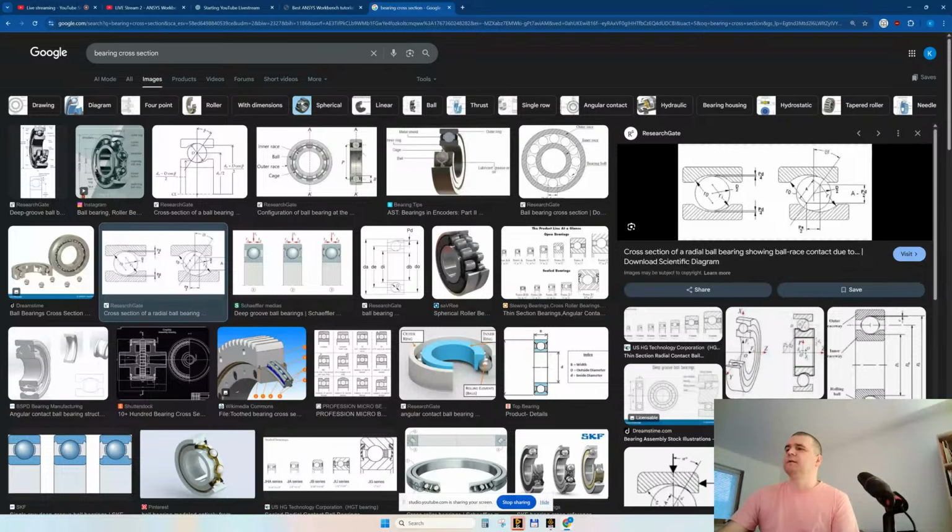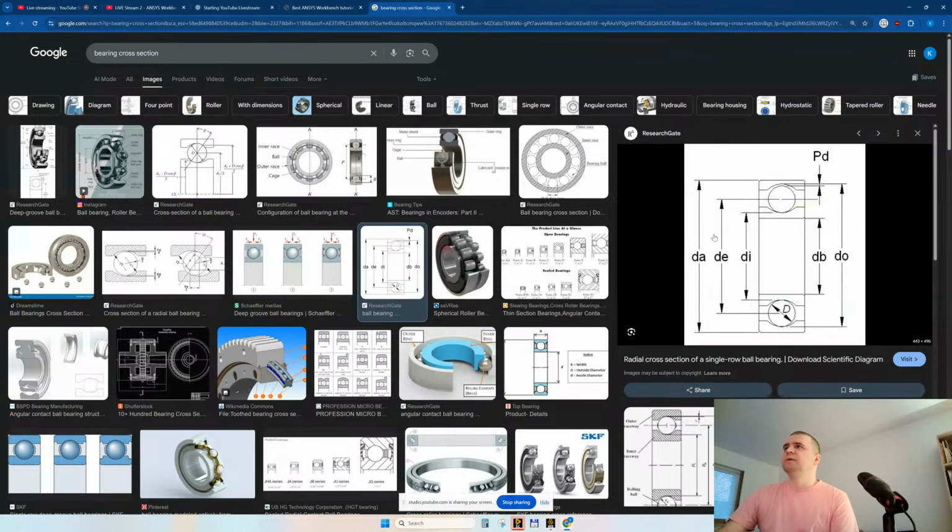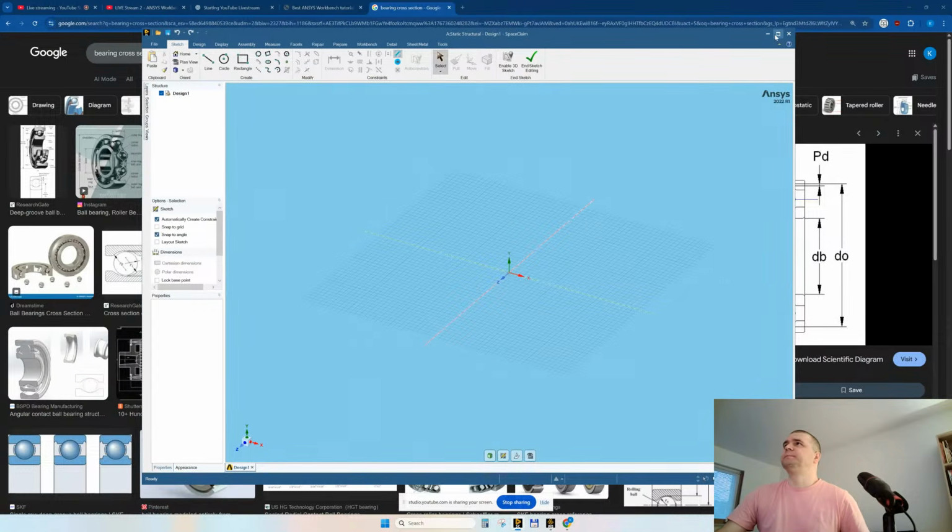Here is the cage that holds the balls together. You can notice that they are above the center of the ball. So in principle, this is what I will do. Let's do it.